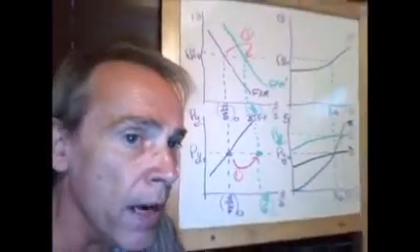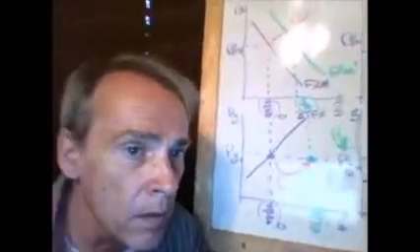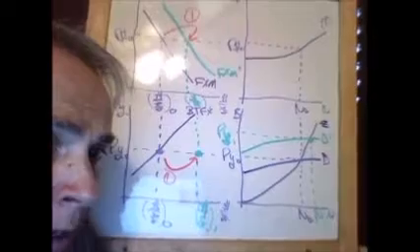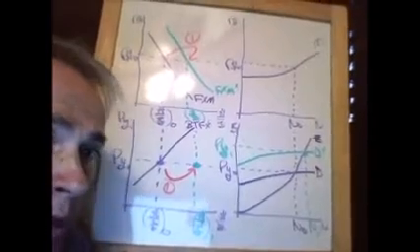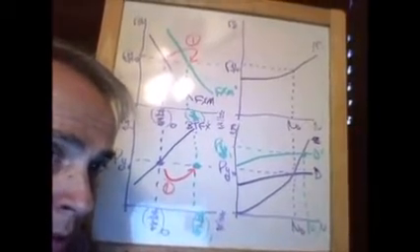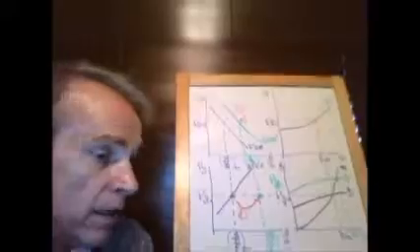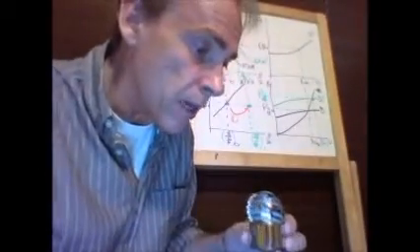So now you've got balance. Now the next thing to do is to trace that change up to the interest rate, up to the money market, because the increased demand for loans is going to drive up interest rates.